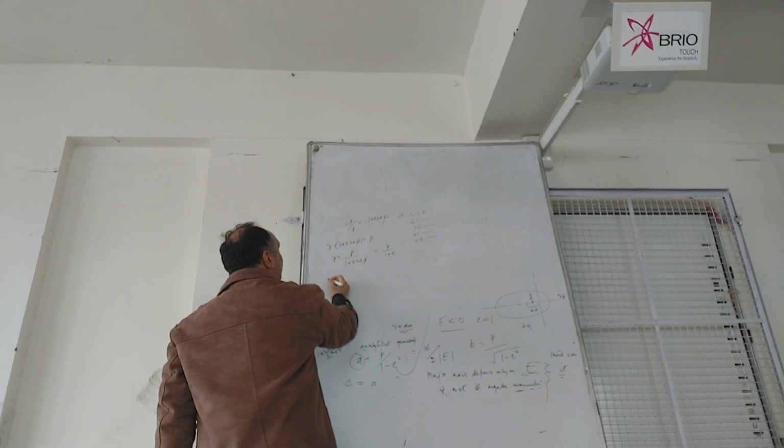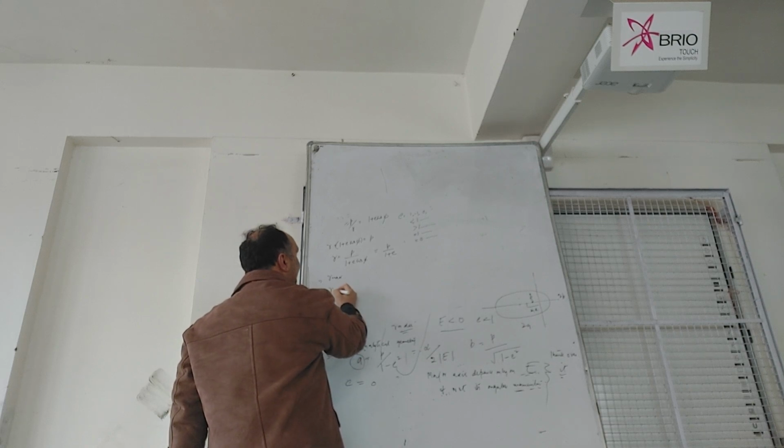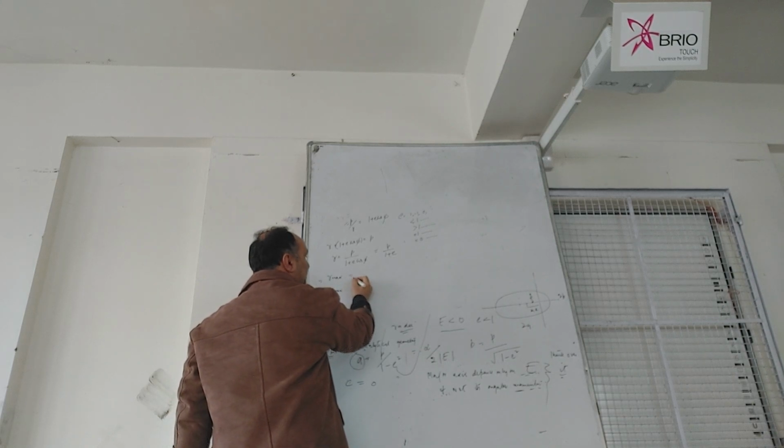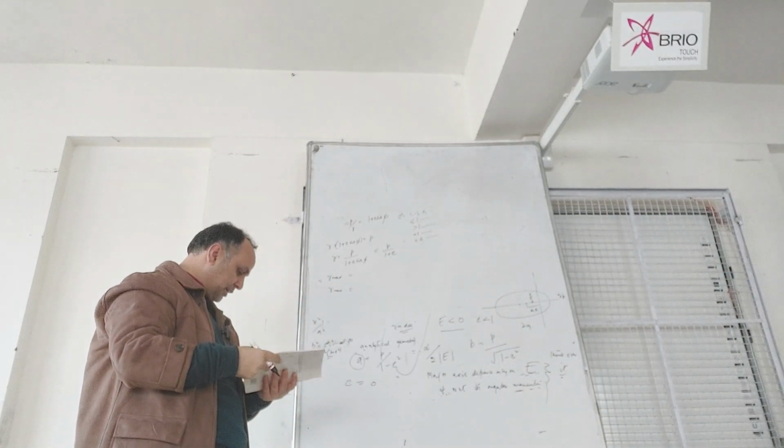Now the radius can be maximum or minimum, because in case of an ellipse we have two radii.